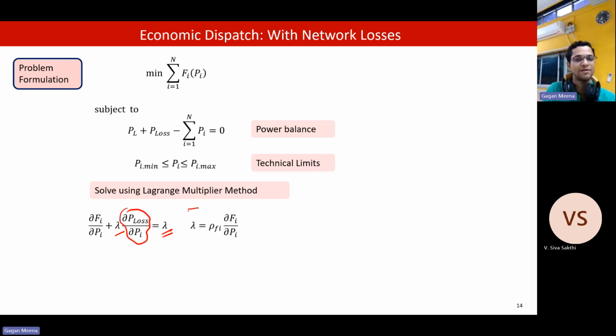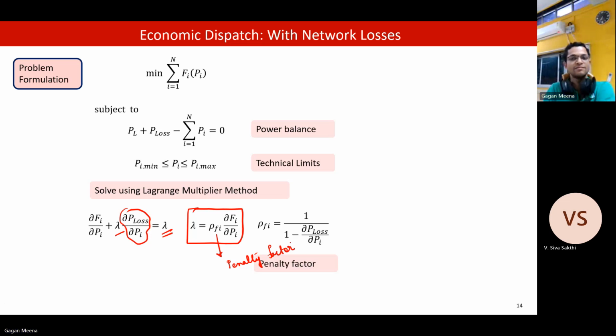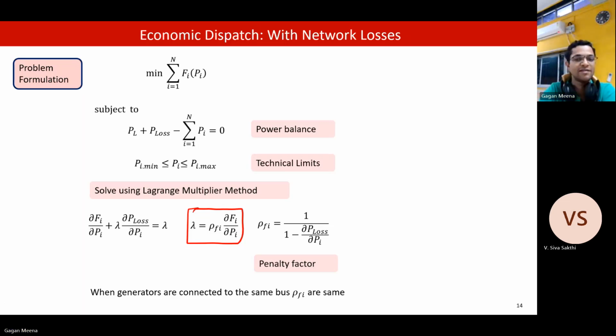So lambda comes out to be like this, where this is the penalty factor, and it is equal to 1 upon 1 minus the incremental loss. If we have some formula for loss, we can easily calculate this.